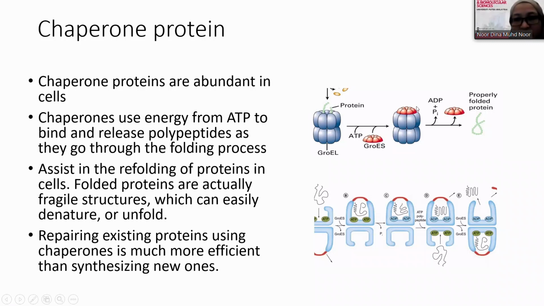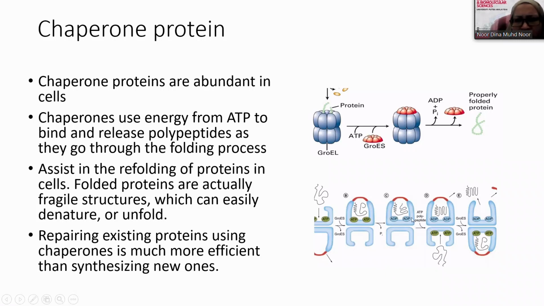When they finish the process, the ATP is consumed, we have ADP, and finally we have the properly folded protein. So this is the function of the chaperone proteins.